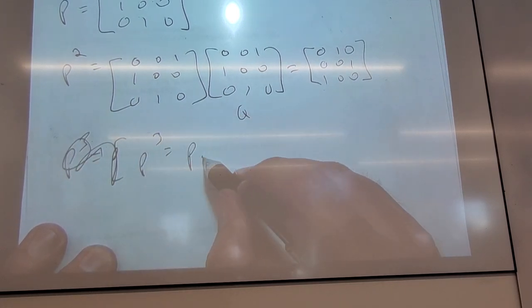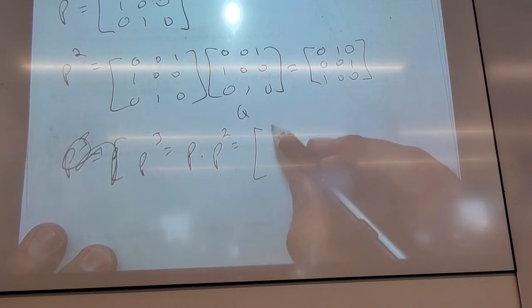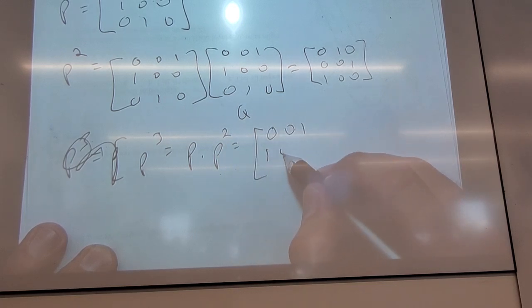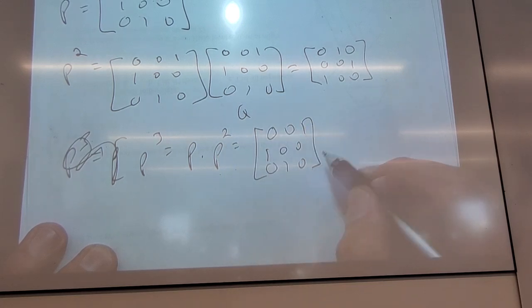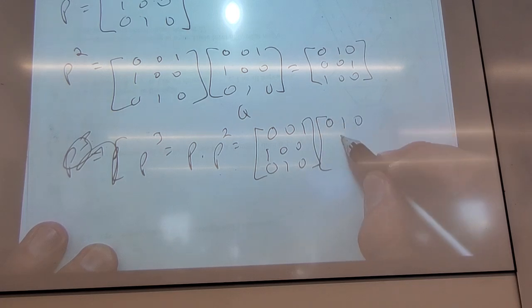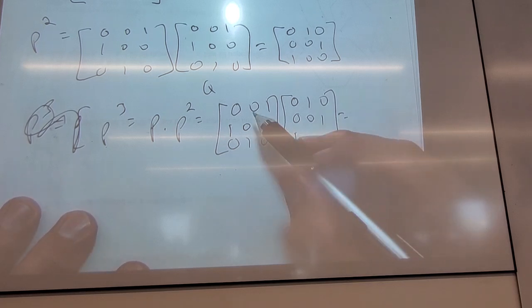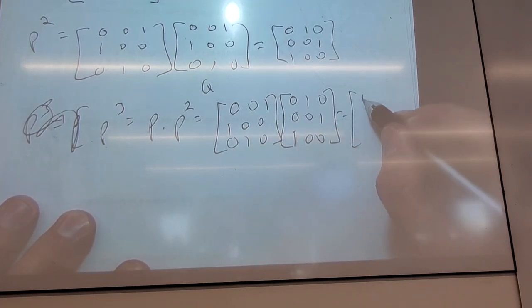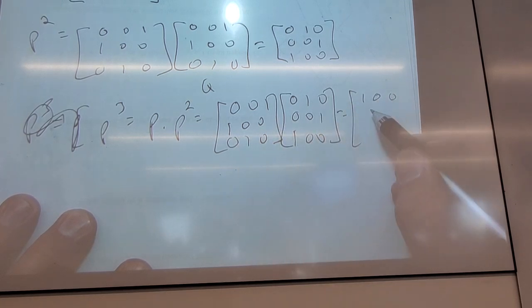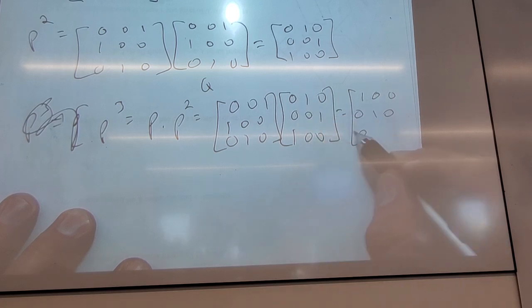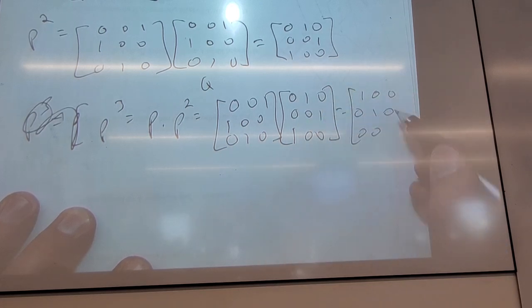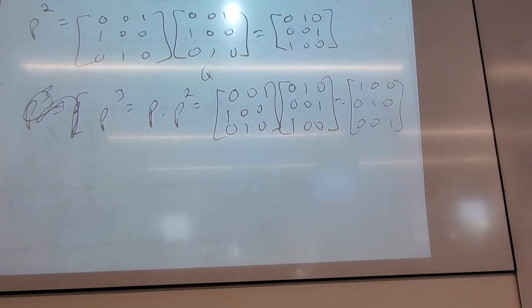This will be P times P squared, so I get, just doing the multiplication real quick, 1, 0, 0, 0, 1, 0, 0, 0, 1. Did I get back to the identity matrix?